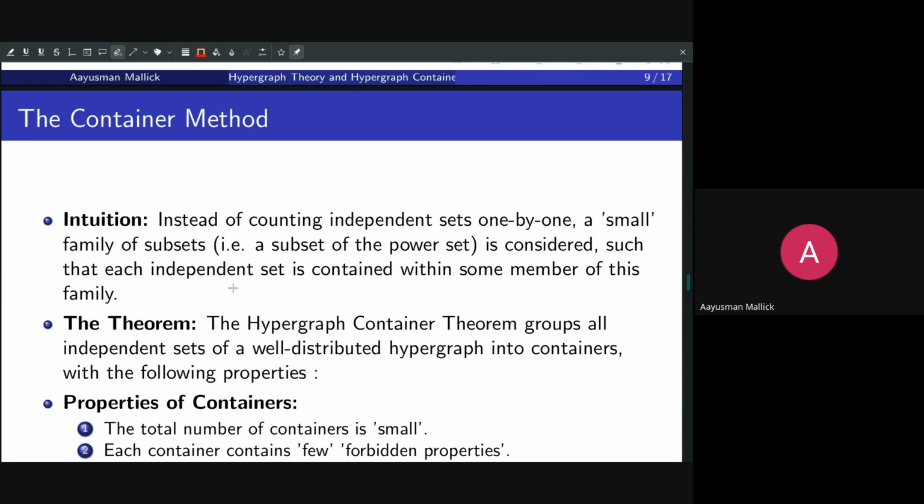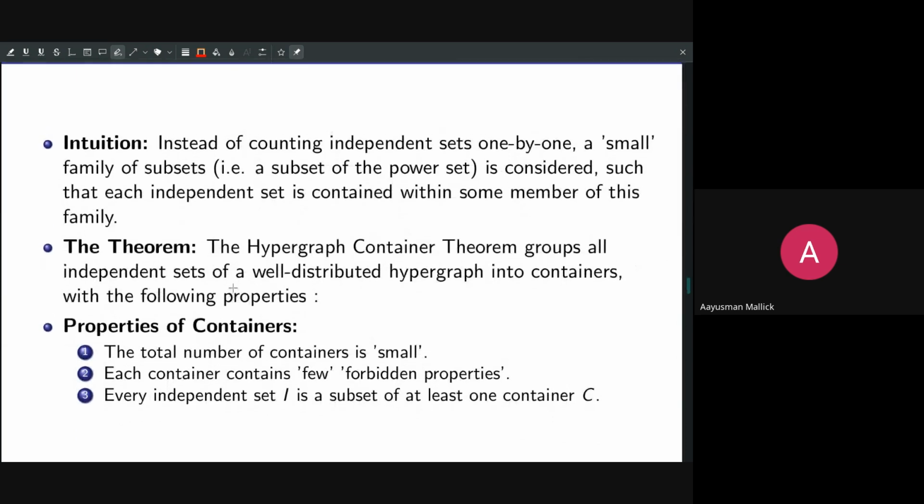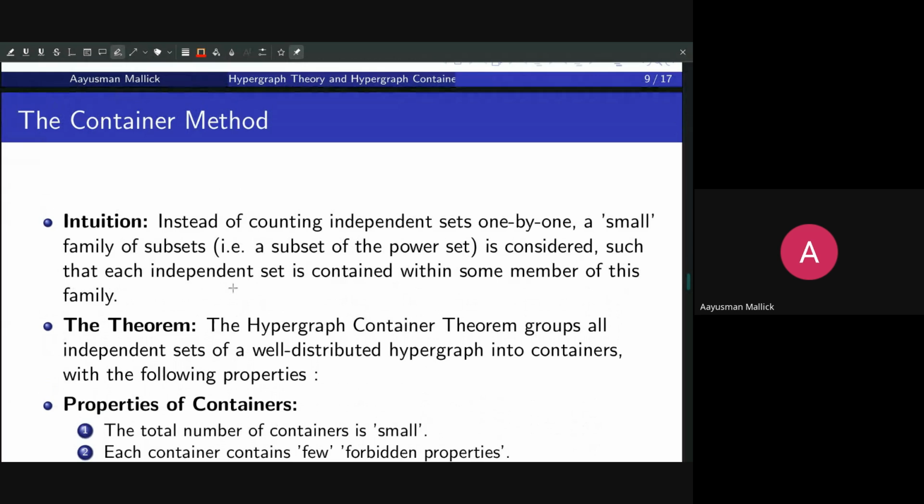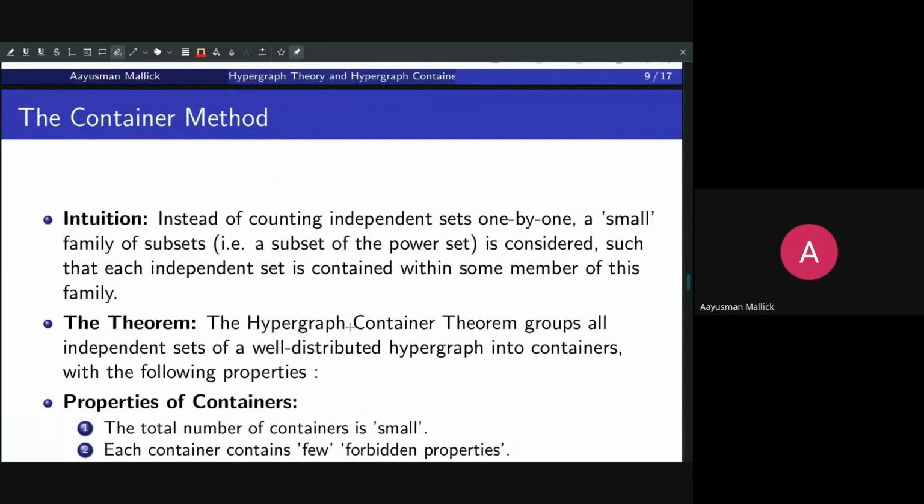That is, whenever I is an independent set and C is the family of subsets, we can always find an element E in C such that I is a subset of E.